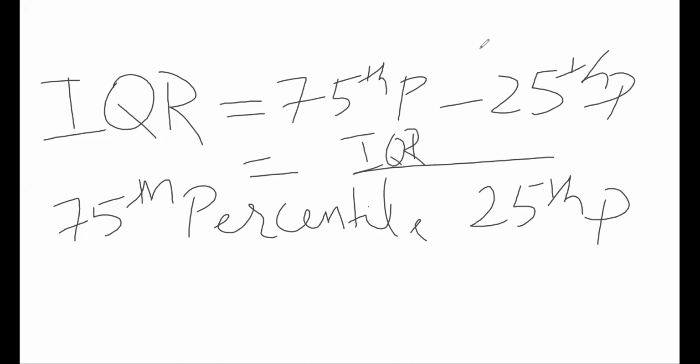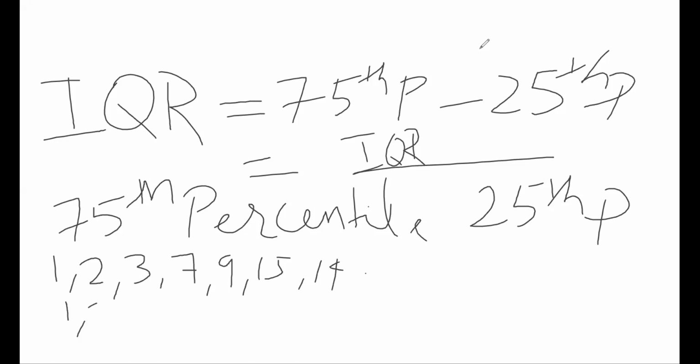Let's take an example. We have the data 1, 2, 3, 7, 9, 15 and 14. Remember the most important thing which you should never forget: arranging the data in ascending order. For calculating percentile and median, we first have to arrange the data in ascending order.